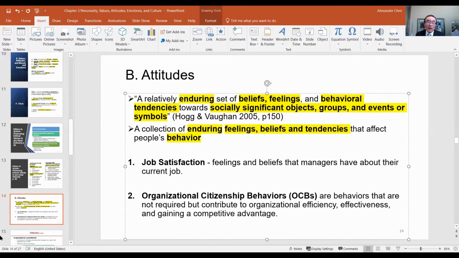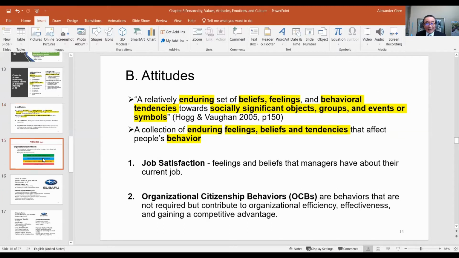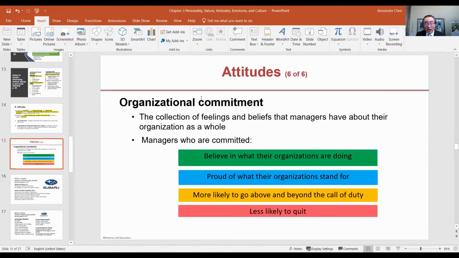And here the textbook mentioned two specific kinds of attitude. As a manager, we want people to have these two attitudes. One is job satisfaction. The other one is organizational citizenship behavior or organizational commitment.